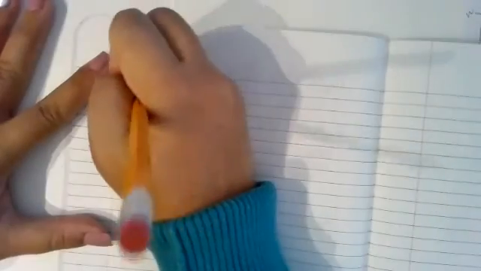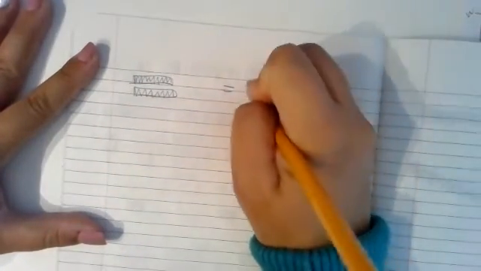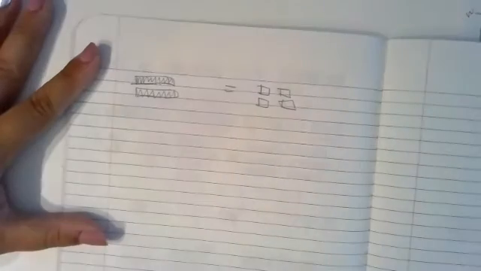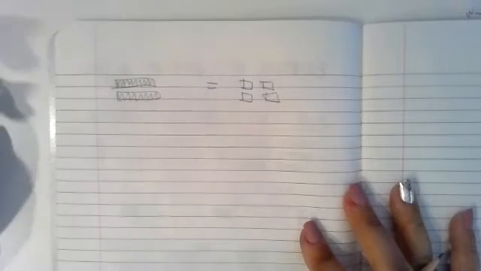Sorry, everyone. So again, I was left with 2 x's is equal to 4 negatives.